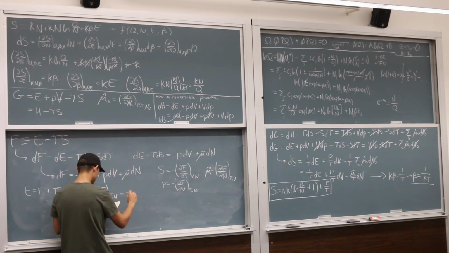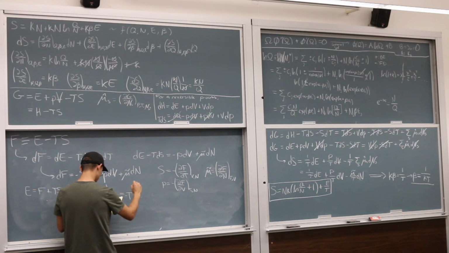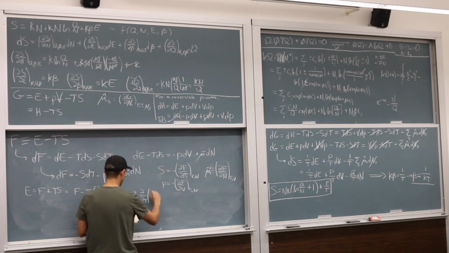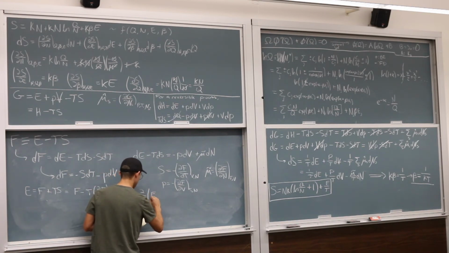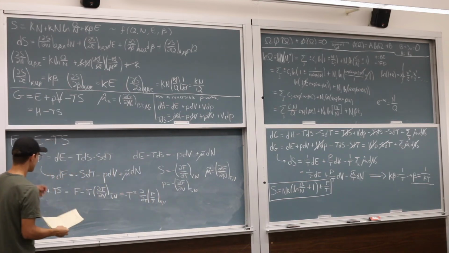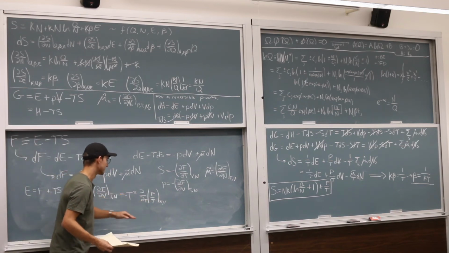You can write this as F minus T squared times the derivative with respect to T of F over T, holding V and N constant. So you can recast the energy in terms of F and a derivative of F as well.